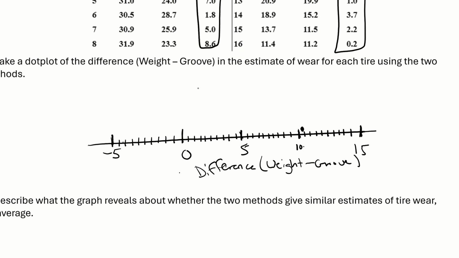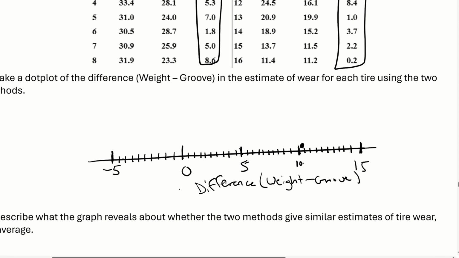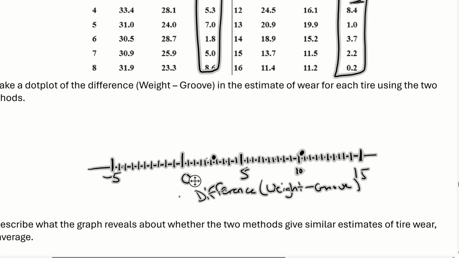All right, so there's my dot for 10.2, and then, let's see, what's the next one? We got 2.7. Okay, so 2.7, it's 1, 2, 2.5, so then 2.7 is right around here. We got 6.4, 6, and then a little bit extra.